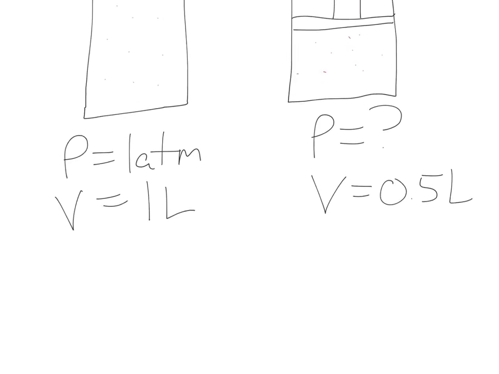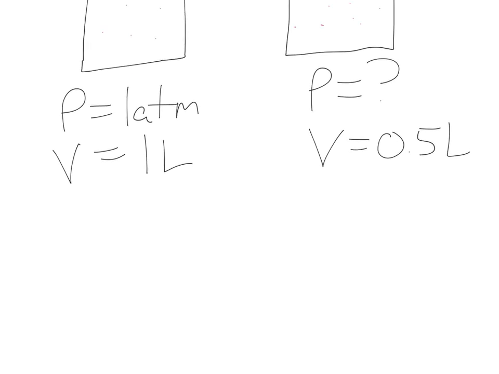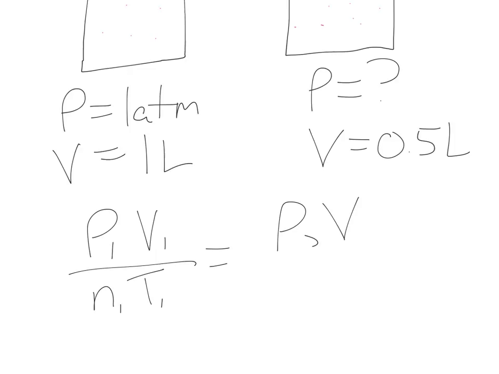So I can use this equation that I had before. Pressure 1 times volume 1 over number of moles times temperature 1 equals pressure 2 times volume 2 over number of moles times temperature 2. But I specified that I was not changing some of those things. I was not changing temperature and I was not changing number of moles.